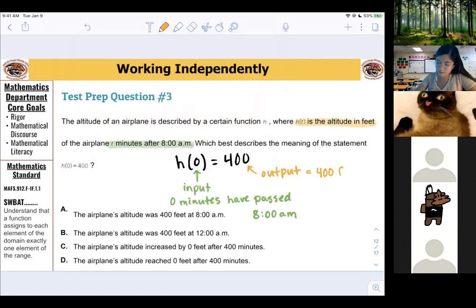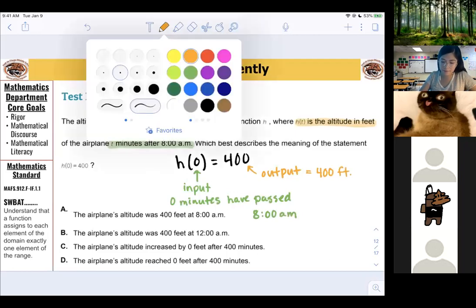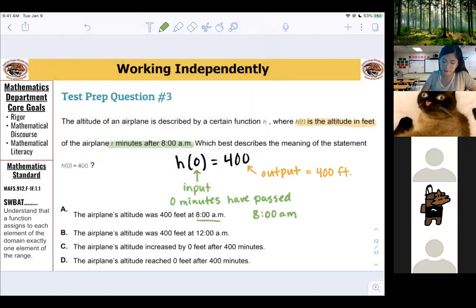Yeah, 400 feet in the air. You can always get those answers straight from the question. It's just a matter of putting it together. So since my input is 0, I know that it's 8 a.m. And since my output is 400, I know I'm talking about 400 feet, which is why answer choice A is the correct answer.